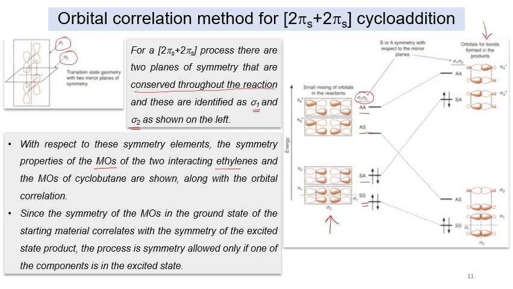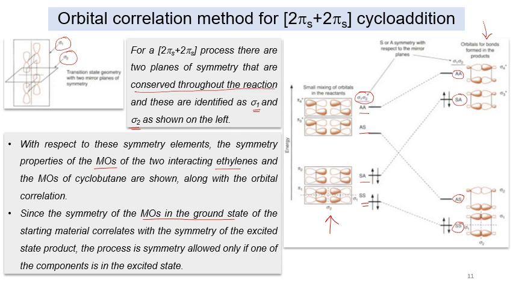Now in the case of the cyclobutane, again we are arranging them according to the energies. So symmetric with respect to one plane, antisymmetric with respect to the other, symmetric antisymmetric with respect to the other, and then antisymmetric. Okay, all right. So now the symmetry of the molecular orbitals in the ground state of the starting material correlates with the symmetry of the excited state product.